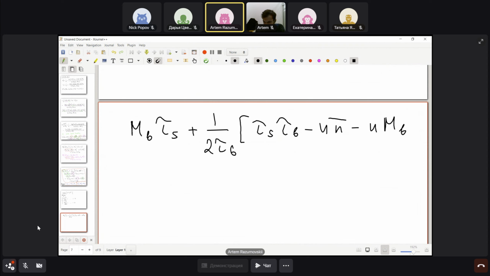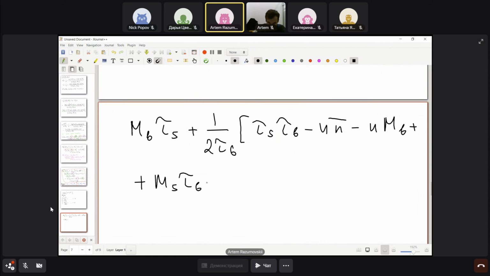So what there was else? It was plus price for sellers, and what is multiplied by price for sellers? Tau B. Only one component. Yeah, and then there was costs, right?